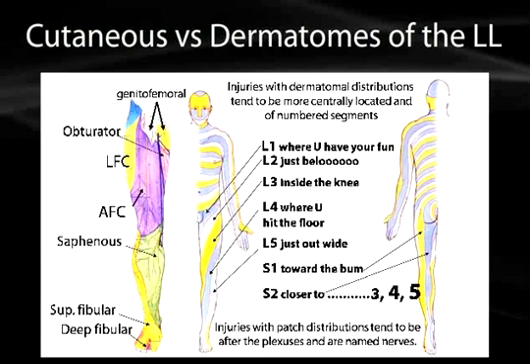When you're thinking about the named nerves for the cutaneous branches, the medial thigh is going to be supplied by obturator. The saphenous is going to be a branch of the femoral that will run with the great saphenous vein below the knee only, and that will supply all of the medial leg down to the medial malleolus.